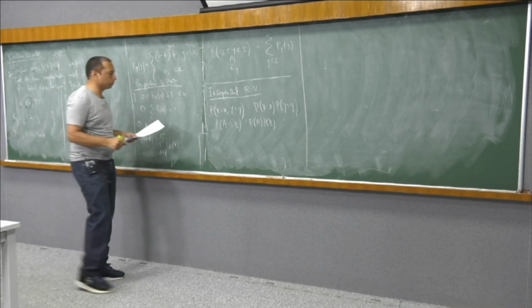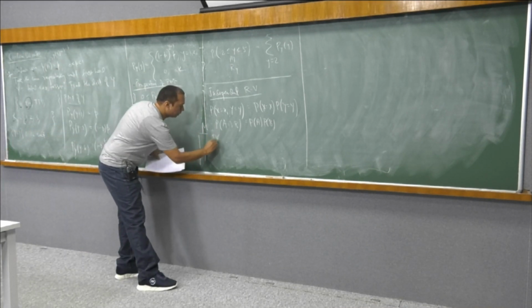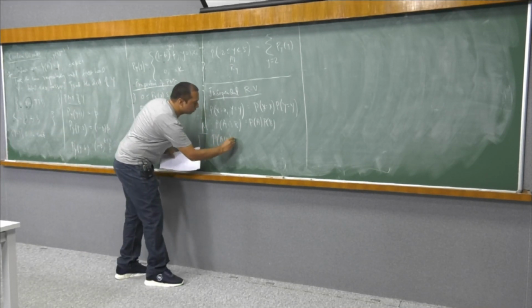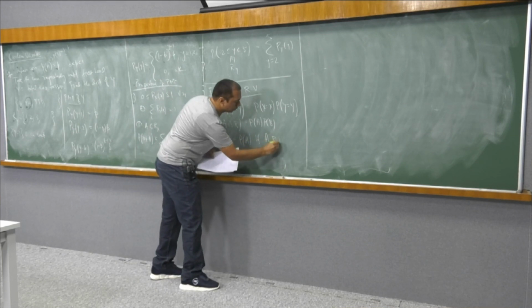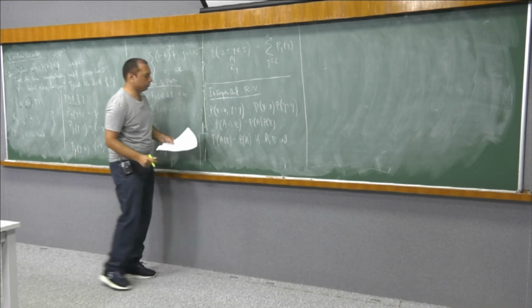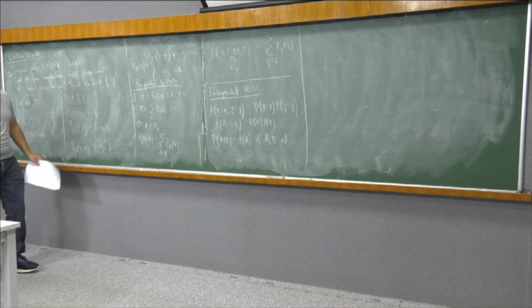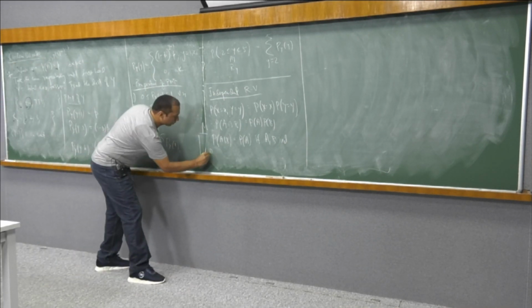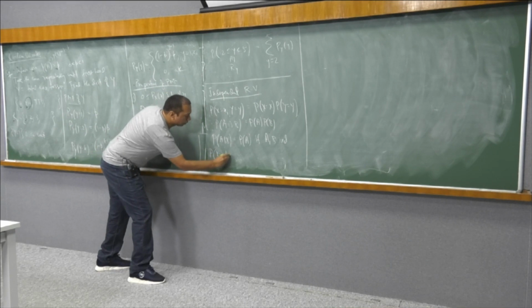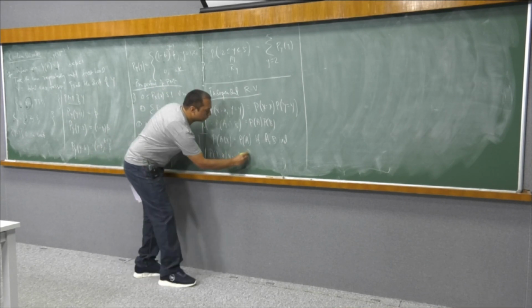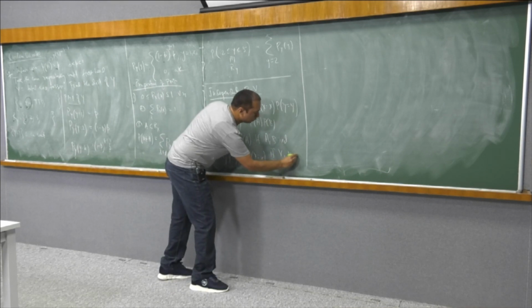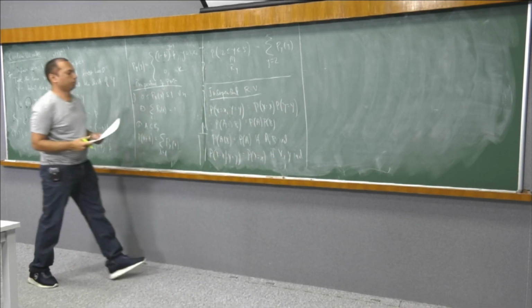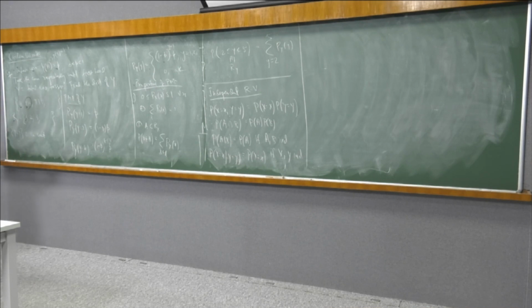Similarly, we have seen that the probability of A given B is just the probability of A if A and B are independent. The same thing applies immediately: the probability that X equals x given Y equals y is the probability that X equals x, if X and Y are independent random variables. All this just carries over.